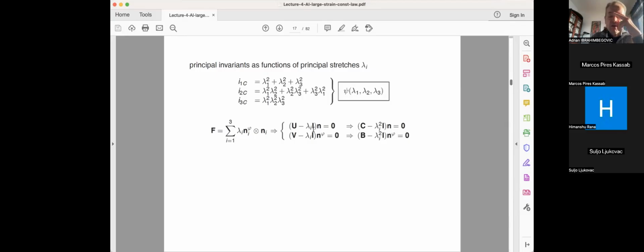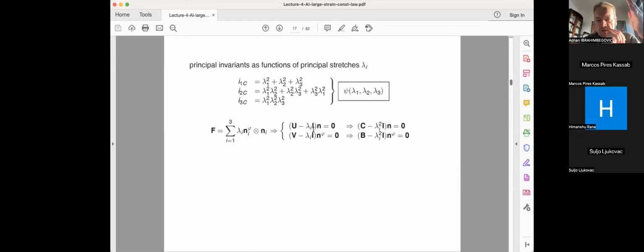And every principal stretch, lambda 1, 2, 3, goes from the smallest stretch all the way to the largest stretch. And all of these stretches are accompanied with the corresponding directions, N1, N2, and N3. These three directions are orthogonal to each other and give you a representation of your stretch tensor.